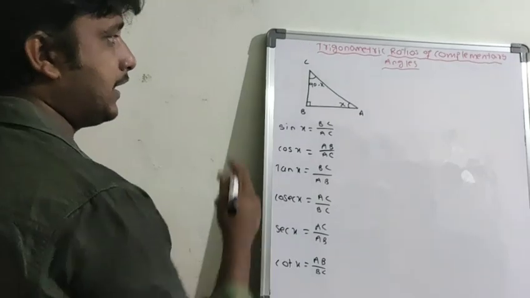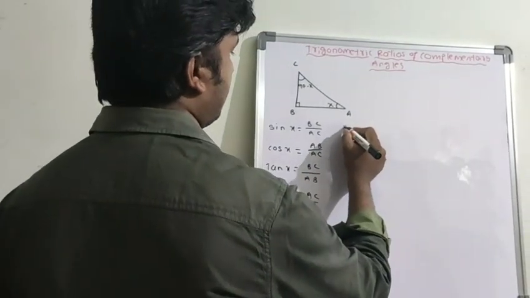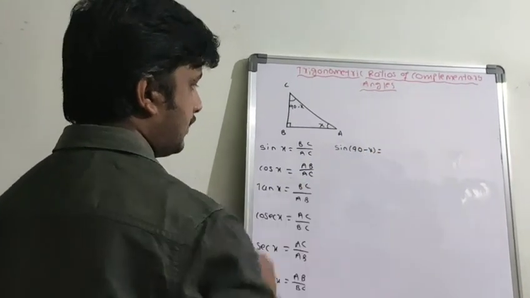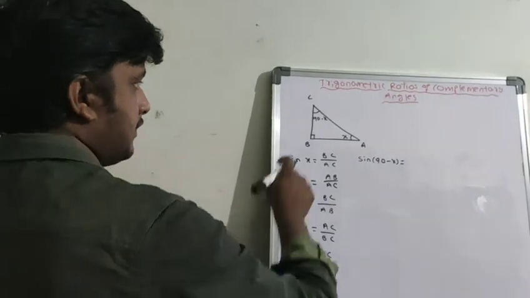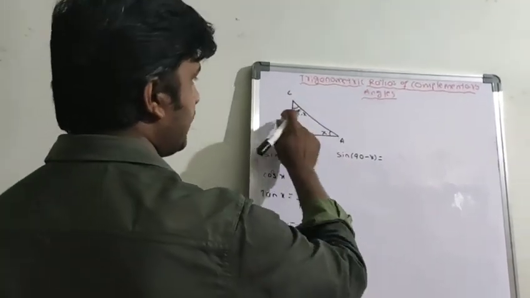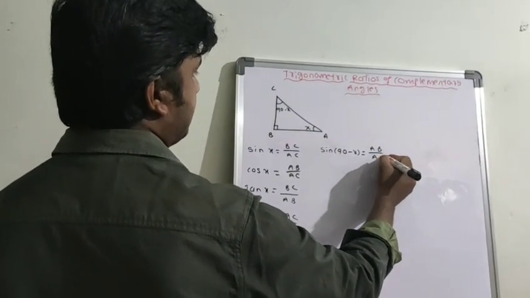So now for 90 minus x, sin 90 minus x is equal to, here this is opposite and this is adjacent. Opposite by hypotenuse, AB by AC.